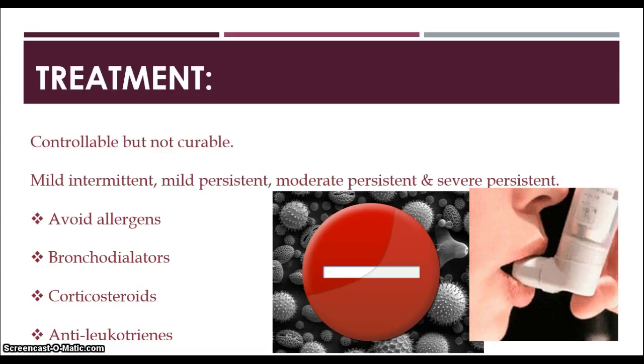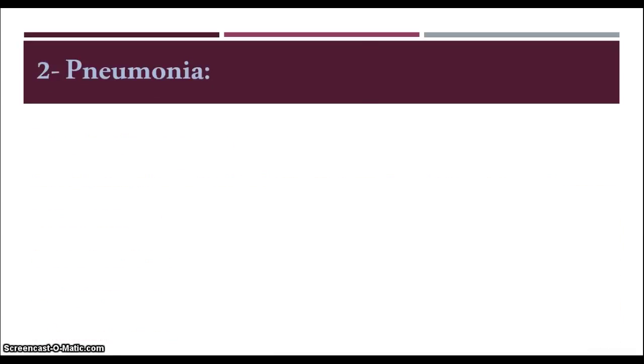Leukotrienes are substances that stimulate bronchoconstriction, smooth muscle constriction in general, and they have a role in immunity. So anti-leukotriene treatments help to relieve the asthma. This is for bronchial asthma.